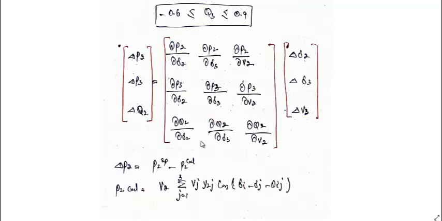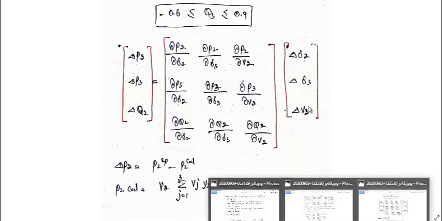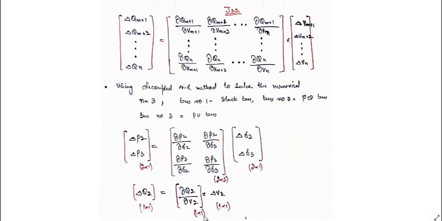Similarly, for this case, delta Q2 will be equal to delta Q2 by delta V2 into delta V2, as these two will be 0. It's not V3, it is V2. This will be 2 cross 1, this will be 2 cross 2, this will be 2 cross 1, and all of these matrices will be 1 cross 1.